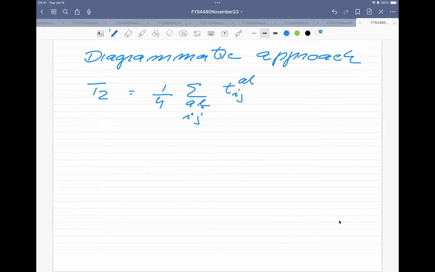This is the unknown amplitude. And then we have the operators here. We can represent this diagrammatically, since this T_ij can represent processes which we have summed to higher order.